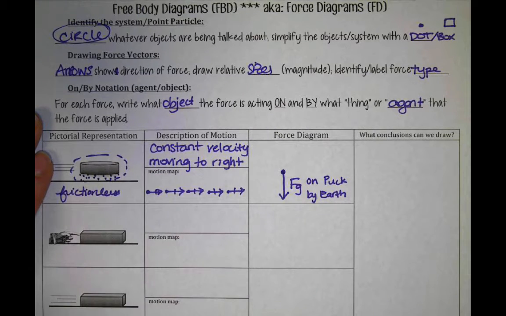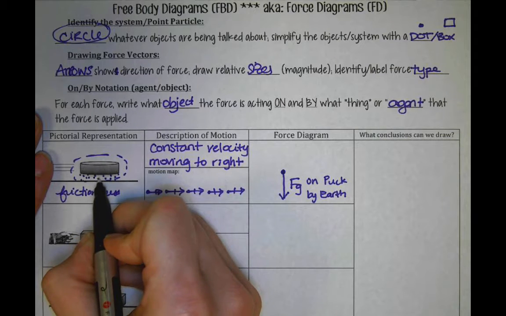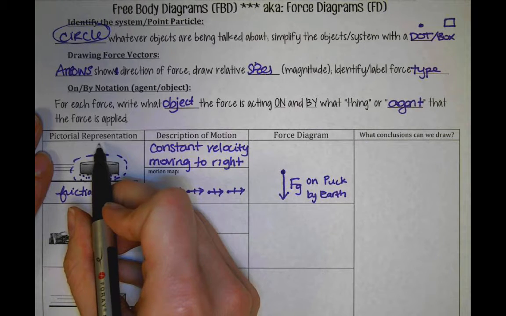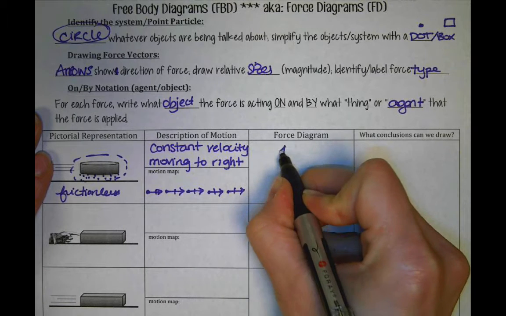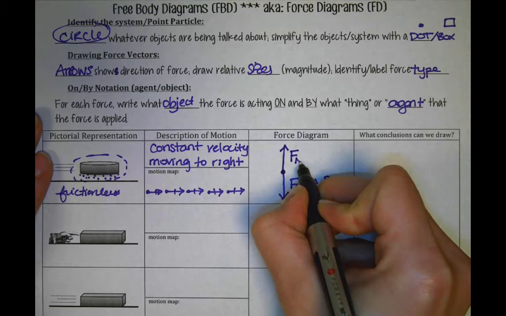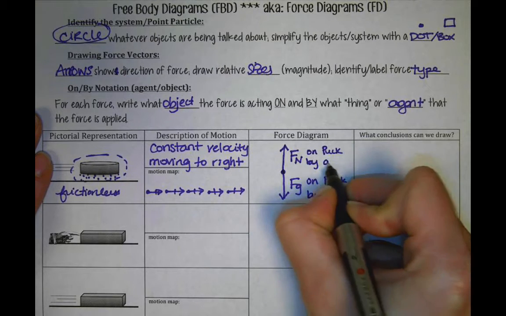And those air molecules, there's a fan inside, the fan is blowing down, and those air molecules are then pushing this hockey puck up. So that one is, I'm going to call it Fn. So on puck by air.